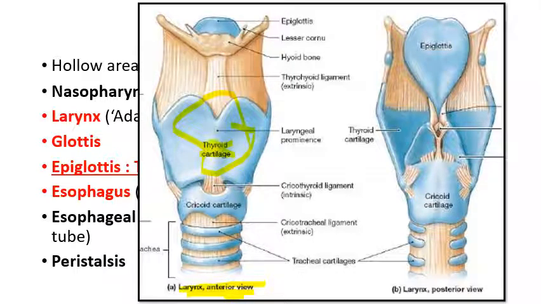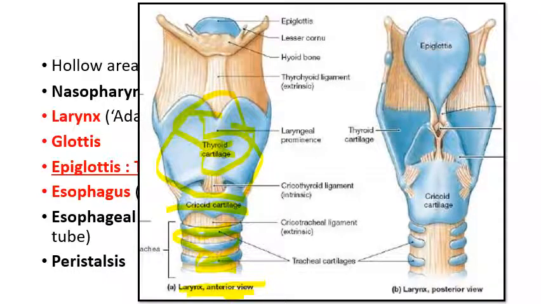The reason it's called thyroid cartilage is because the thyroid gland is sitting right on top of it, or sort of underneath it. We'll talk about the thyroid gland when we talk about the endocrine system, but that's why it's called thyroid cartilage. And then underneath we have cricoid cartilage, and then we have a bunch of rings of cartilage that are holding open the trachea so that it won't collapse under negative air pressure.